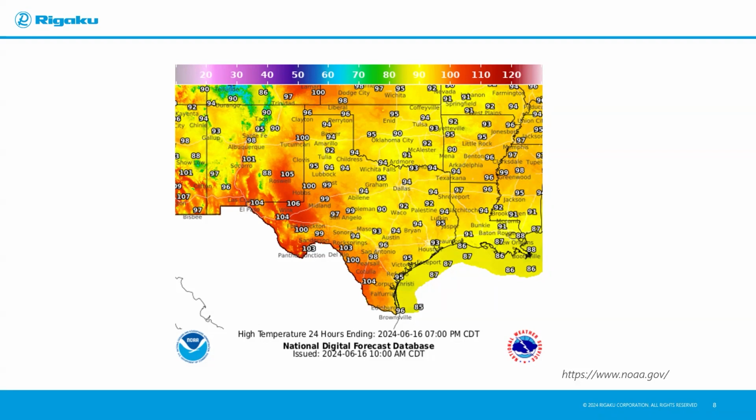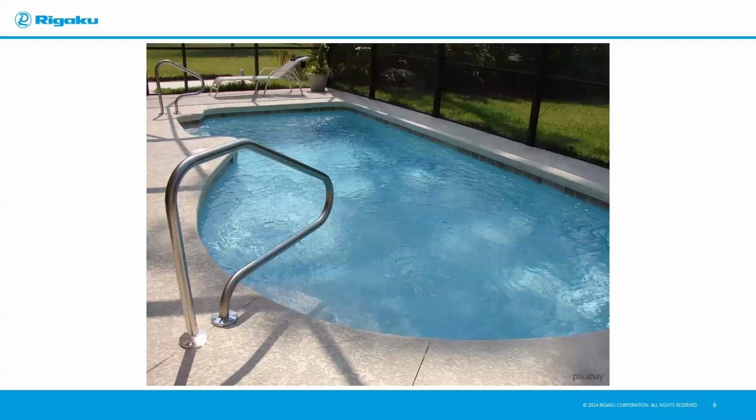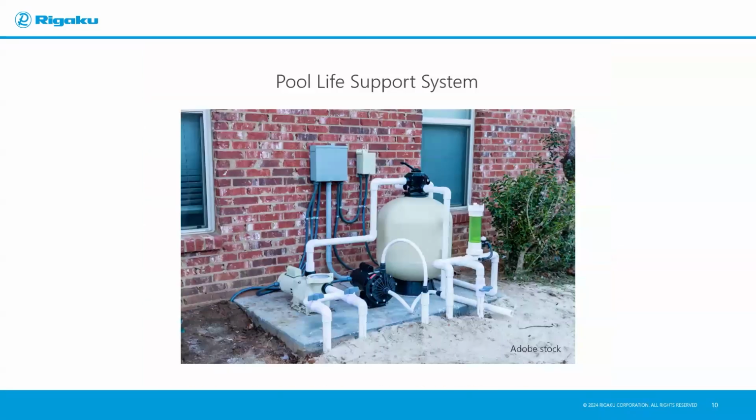If you're in this area or in the South, you probably are looking for a nice, cooler place to spend your weekend or next week. In our case, that often will take the form of your backyard pool or your neighborhood pool, and you'll often find families utilizing them during this hot time. However, the catch is that you need this specific life support system if you're going to be able to take advantage of that pool system.